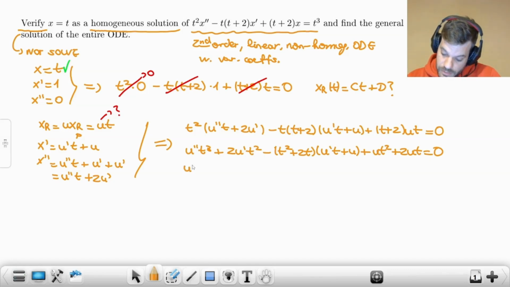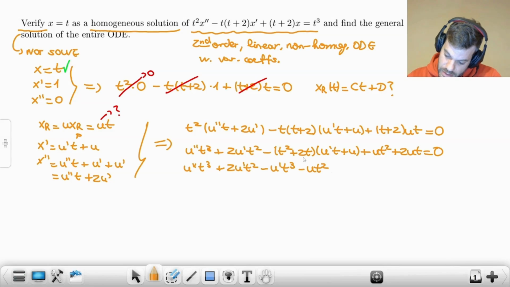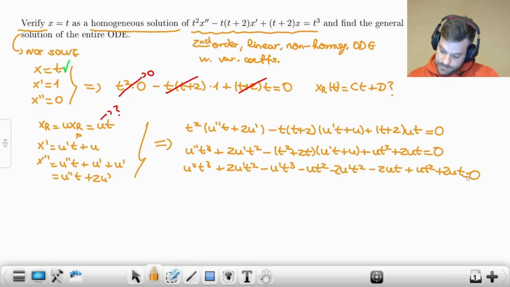Getting closer, u double prime t cubed plus 2u prime t squared, and then again unfold, multiply, minus u prime t cubed, first times second, minus ut squared, second times first, minus 2u prime t squared, and then minus 2ut, plus ut squared plus 2ut equals 0.